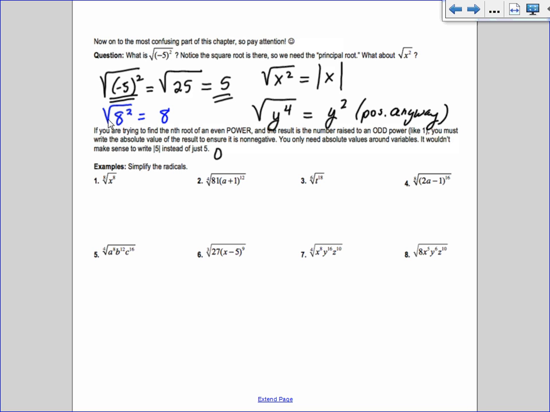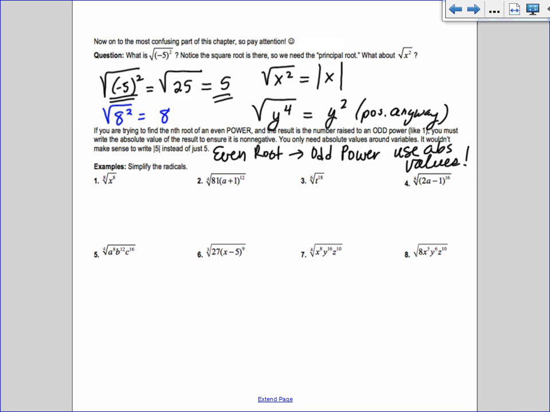If it was an even root, and you ended up with something to an odd power, use absolute values. That's the big thing. You start with an even root and you have something in the end that's raised to an odd power. You need absolute values around it.